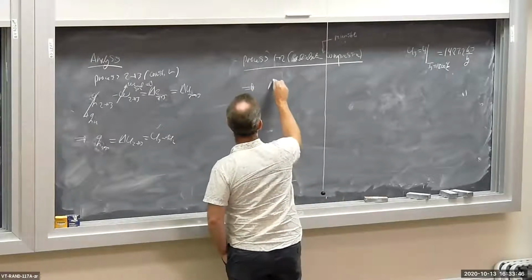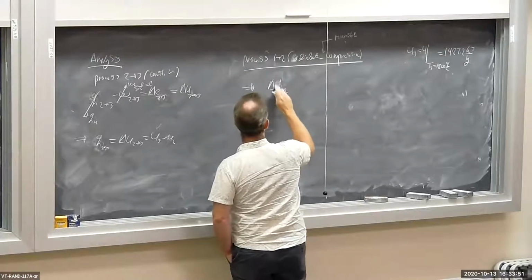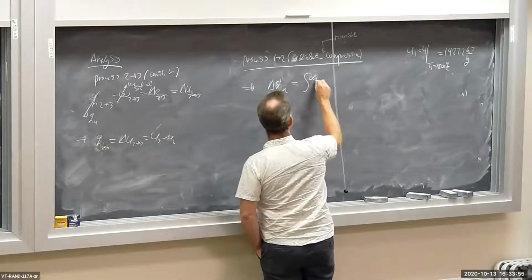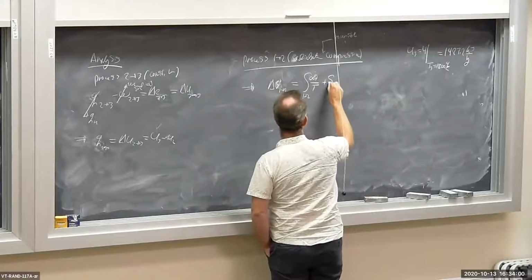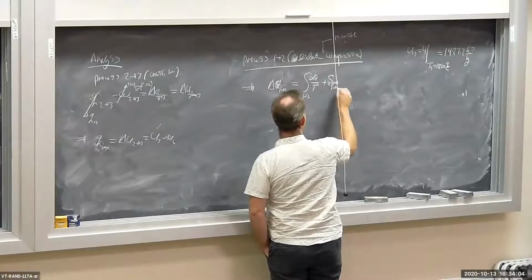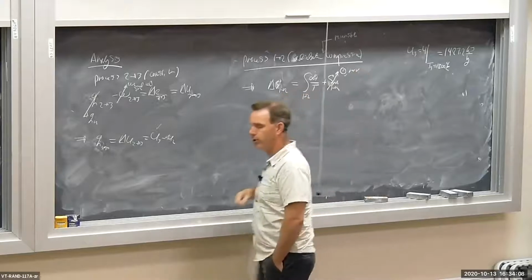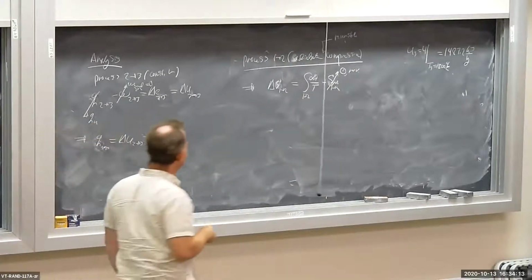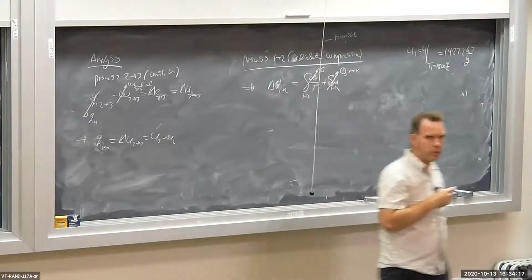Let's write the entropy balance over the process, on a specific basis. Delta S from 1 to 2 is equal to the integral of del Q over T from state 1 to state 2, plus S gen 1 to 2. It's internally reversible, so that's 0. And it's adiabatic, so there's no heat transfer.